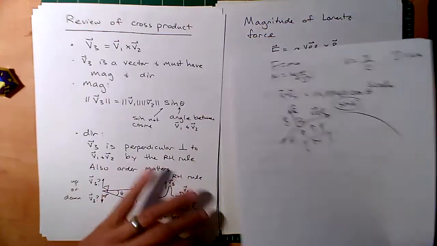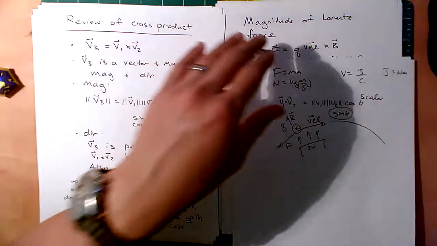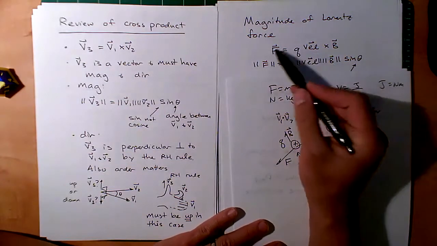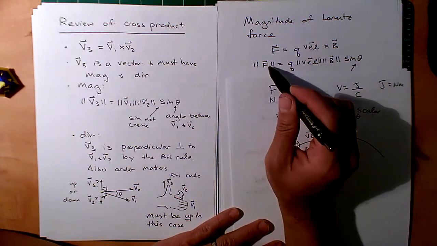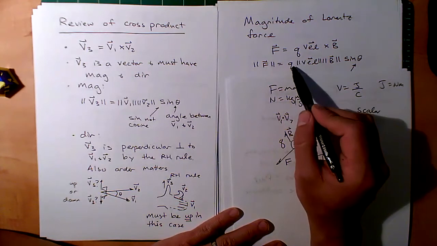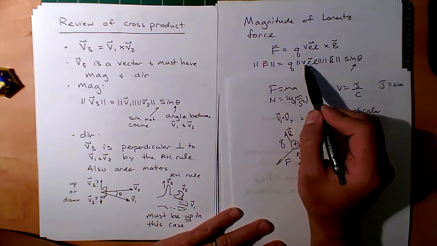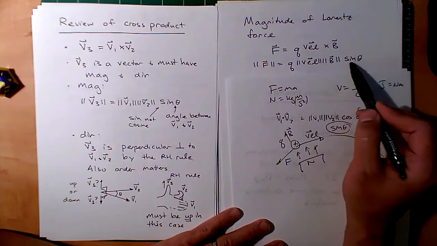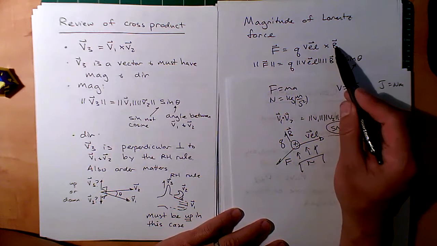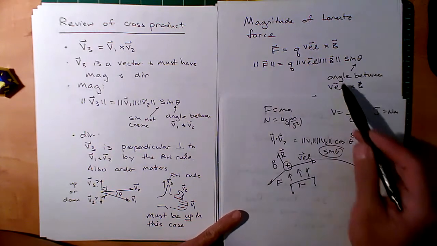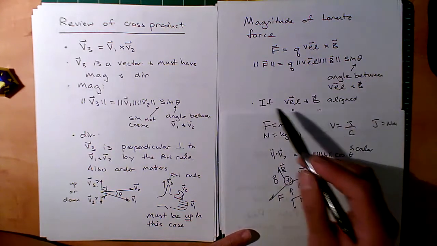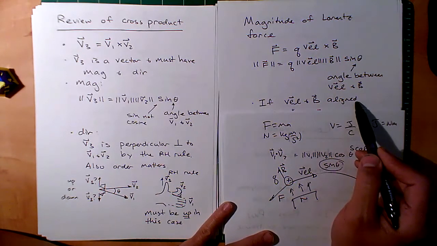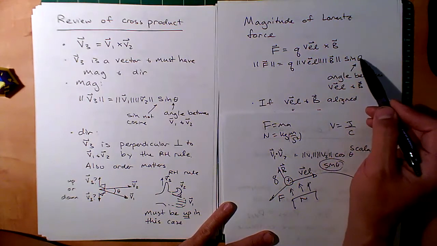All right. Let's use this cross product idea and fill in what this looks like. If I have the cross product, the magnitude of the force is Q, the amount of charge that's moving, times the magnitude of the velocity, times the magnitude of the flux density, times the sine of the angle between the magnetic field and the velocity. Now, if velocity and B are aligned, then what happens?